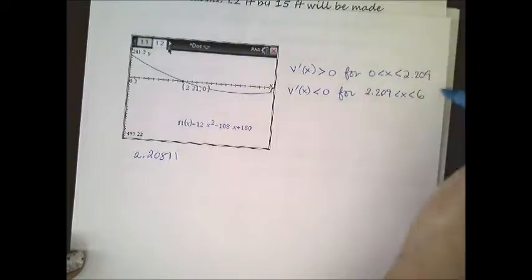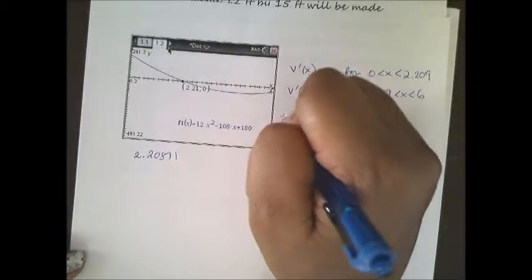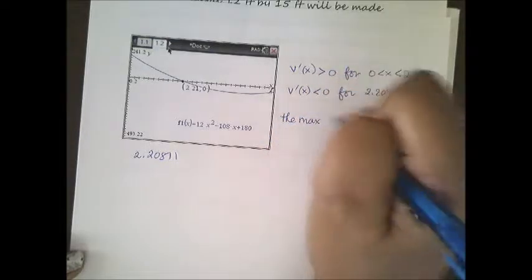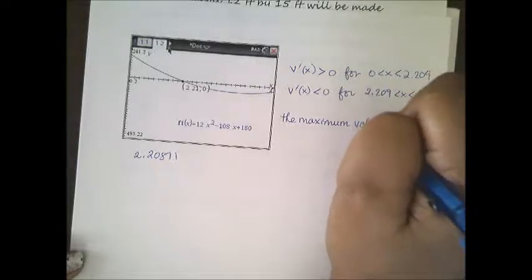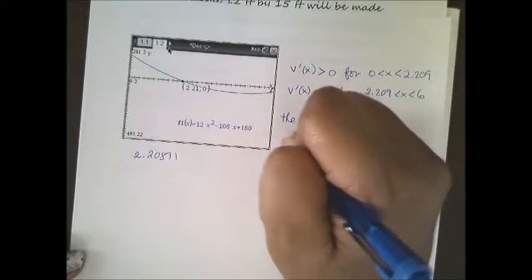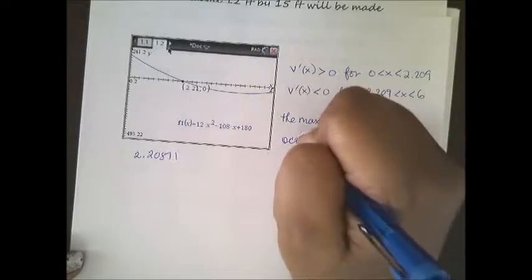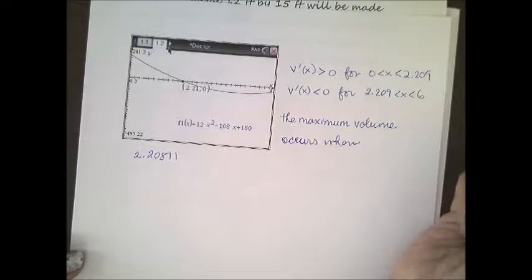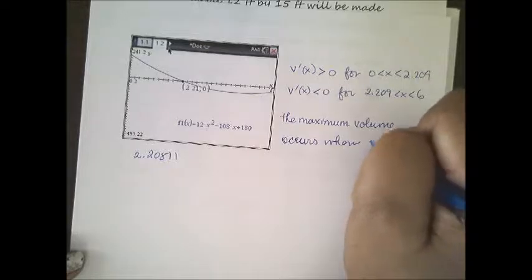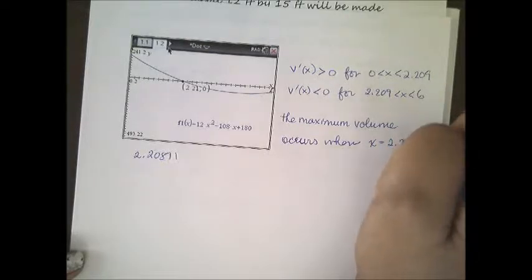That's only one critical point on this entire restricted domain. The maximum volume occurs when x is equal to 2.209.